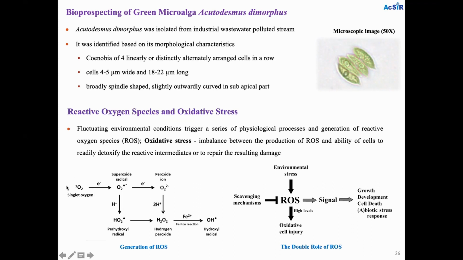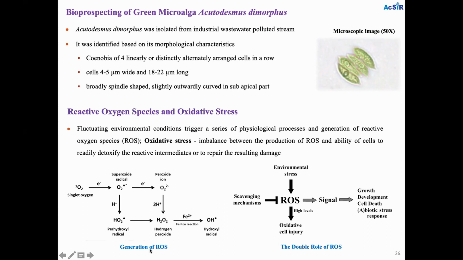As you can see here, imbalance in the electron transfer chain will lead to generation of superoxide radical in the cell. This superoxide radical can be converted into perhydroxyl radical, hydrogen peroxide, and hydroxyl radical.